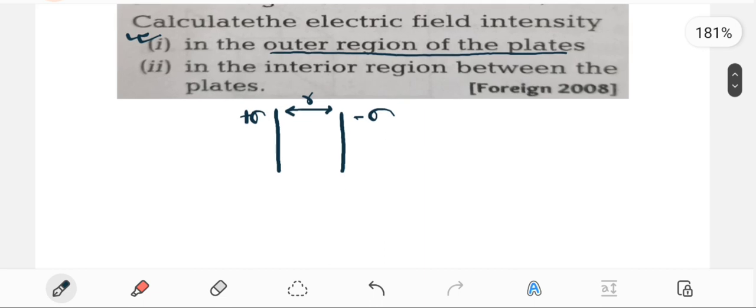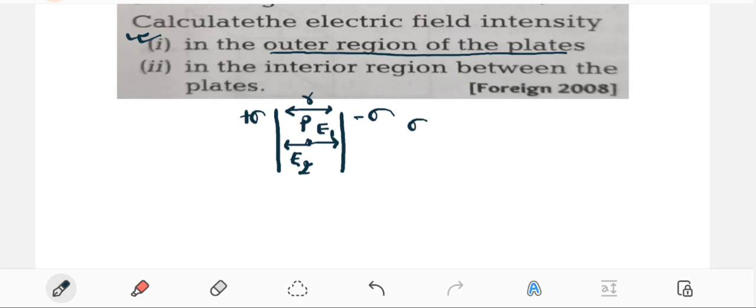So let us consider we have a point P outside the plates, and the electric field will be from the positive to the negative charge. So this is the direction of the electric field. Let us consider this is E1, that is along the direction of the electric field, and this is E2, that is opposite to the direction of the electric field.